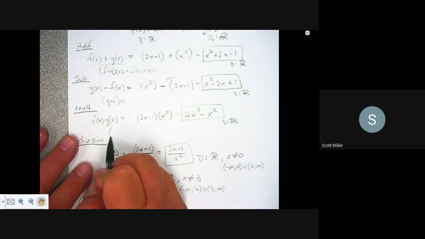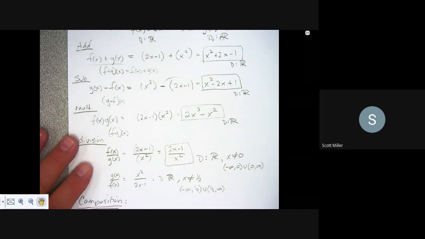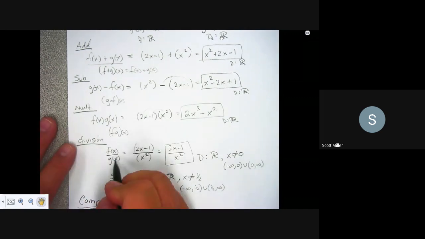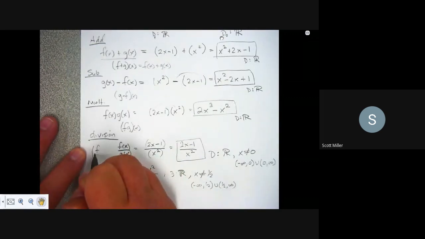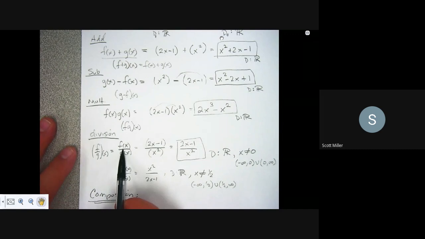This one is written f times g of x. And this one would be f divided by g of x. So this notation means that notation. I highly recommend that you rewrite it into this notation before you continue.